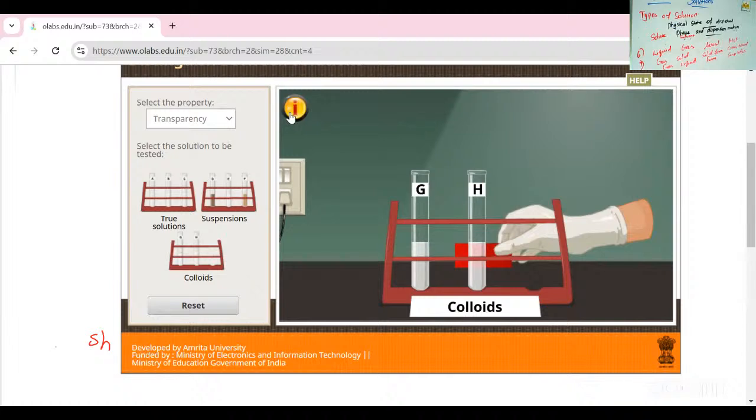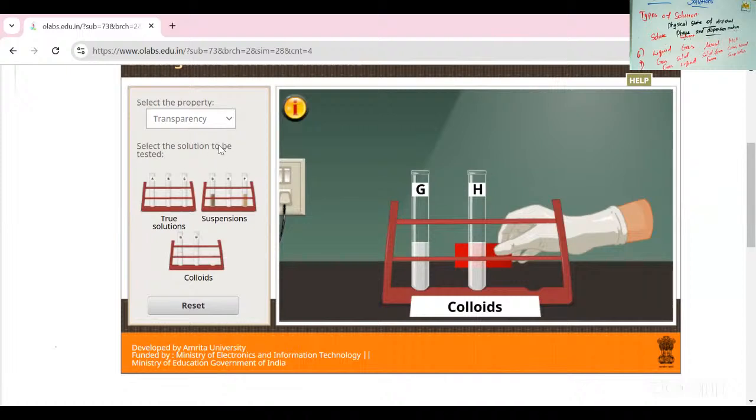So not transparent, not opaque. It is called as translucent. Translucent means it is not clear, not in opaque nature. This nature is called translucent nature. That kind of solution is called a colloid.